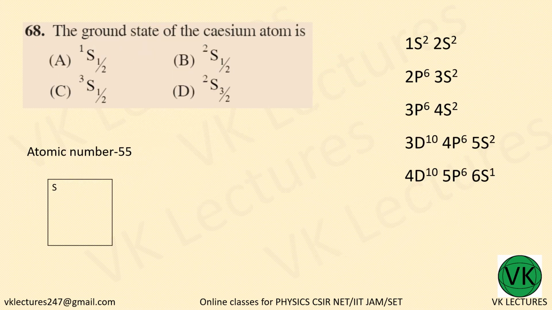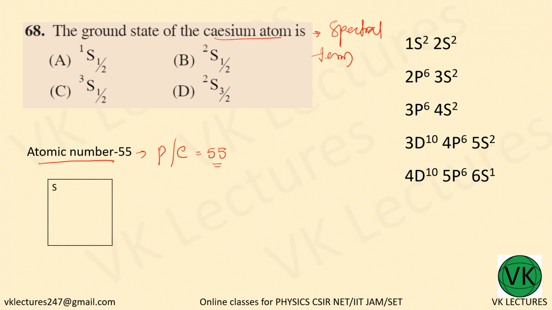The ground state of cesium atom. Ground state means they are asking the spectral term. Now the atomic number is 55. That means number of protons and number of electrons equal to 55. Ground state.